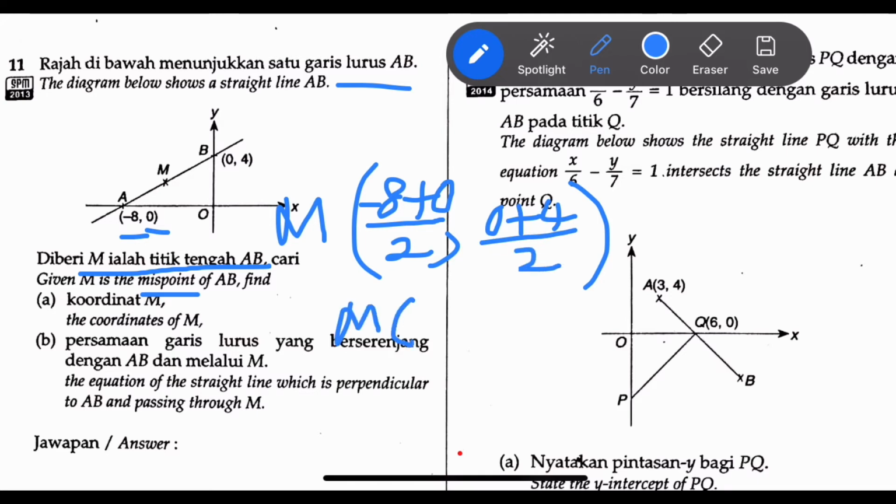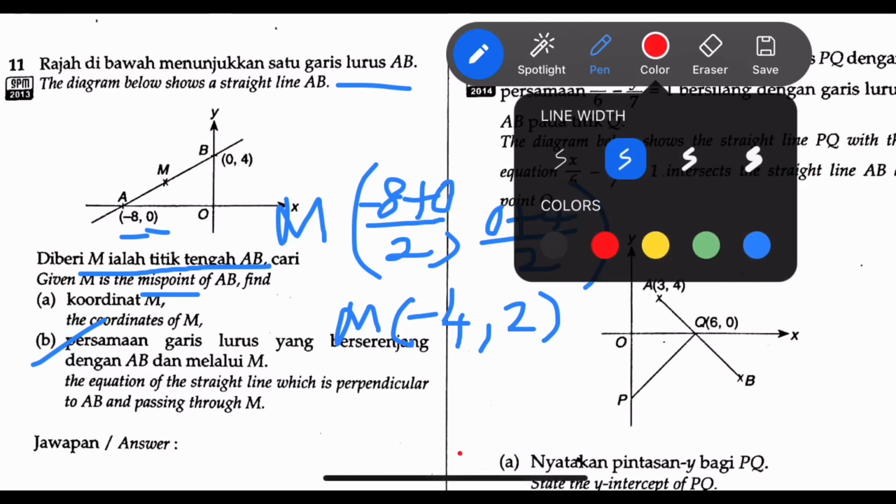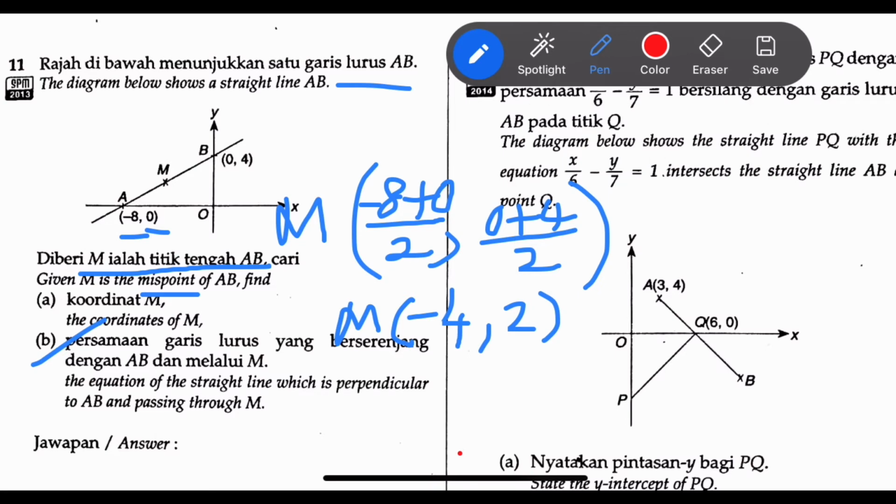So the answer is (negative 4, 2). This is the midpoint for the line AB. With that, we are going to find the equation that makes a right angle and is perpendicular to the line AB.